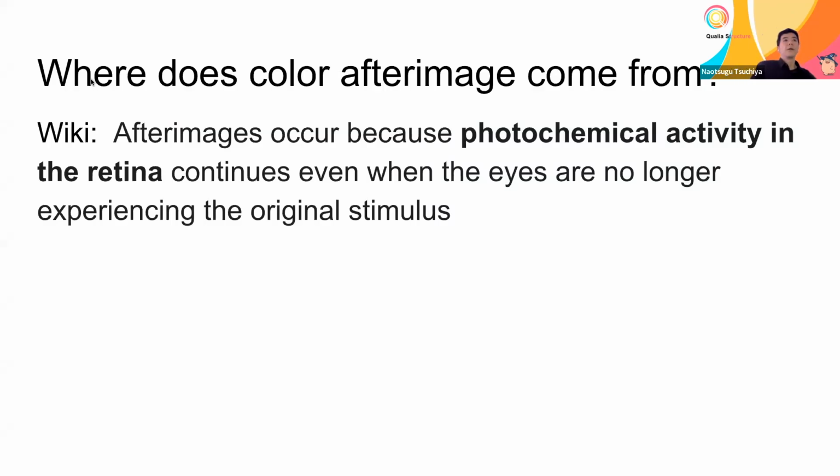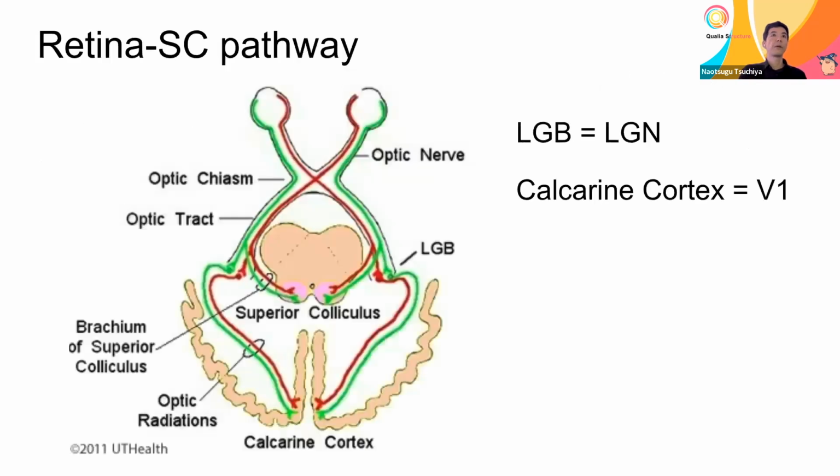if you look at Wikipedia, here's what they say: afterimages occur because photochemical activity in the retina continues even when the eyes are no longer experiencing the original stimulus. And that's a standard explanation of the afterimage. Basically, afterimages are generated at the level of the eye, okay?